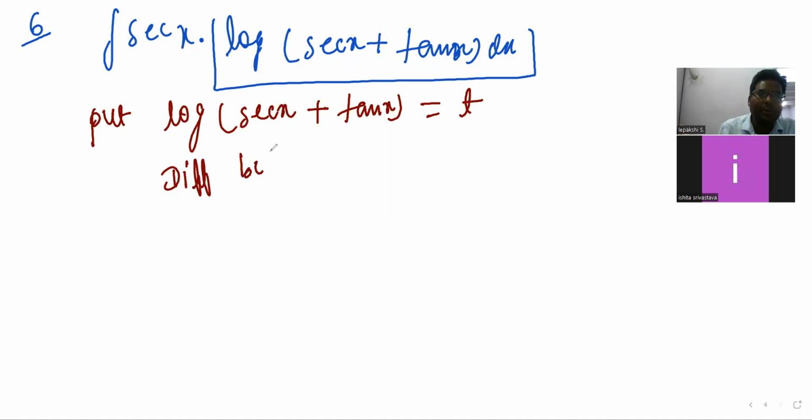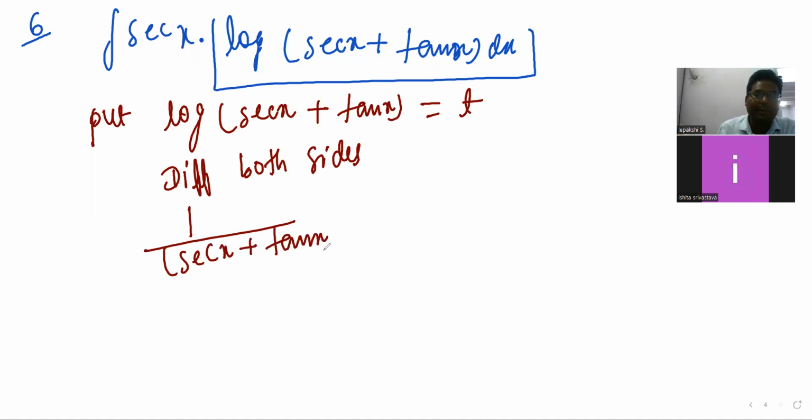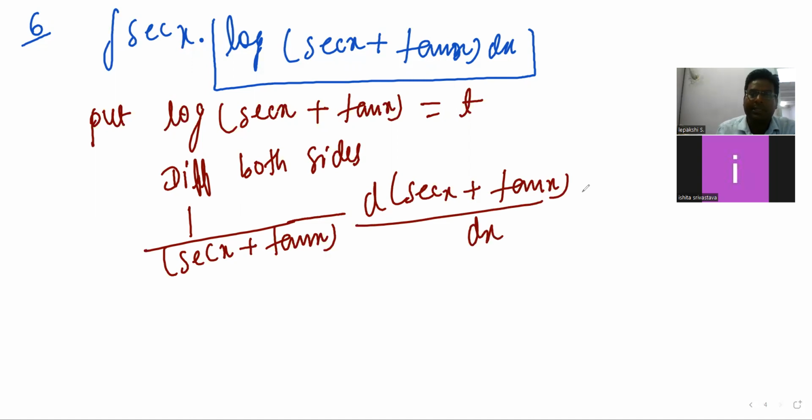Log differentiation is 1 upon the argument, so it will be 1 upon (sec x plus tan x). Then again differentiate sec x plus tan x, by dx is equal to dt by dx.